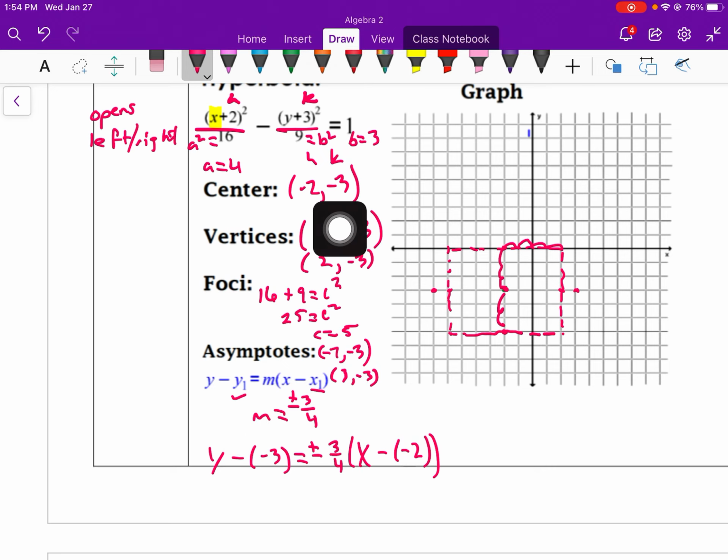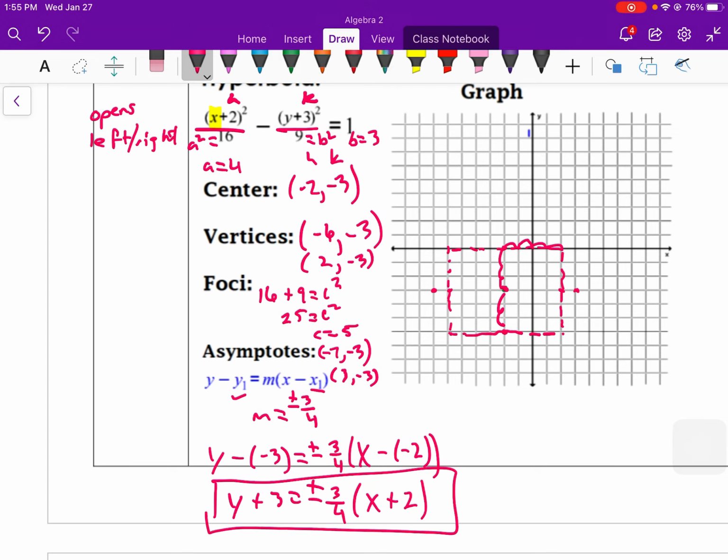So these values of y1, x1 came from our values of x, y here. So then, simplifying, we have y plus 3 equals plus or minus 3/4 (x plus 2).